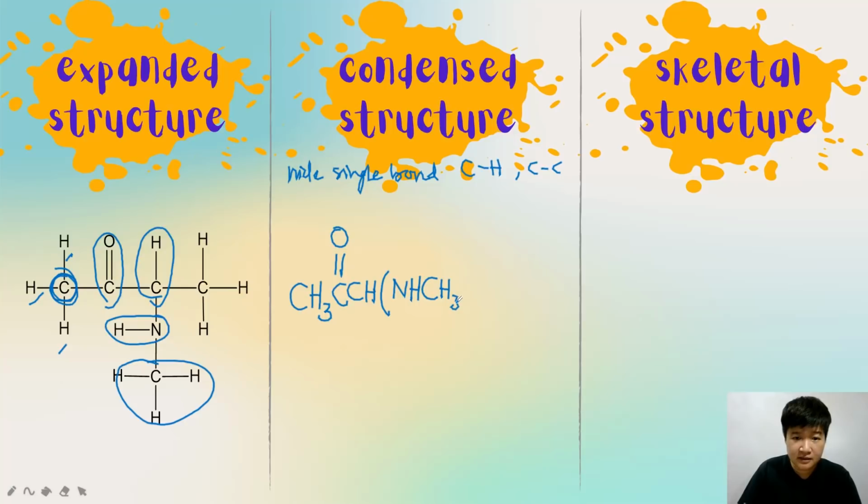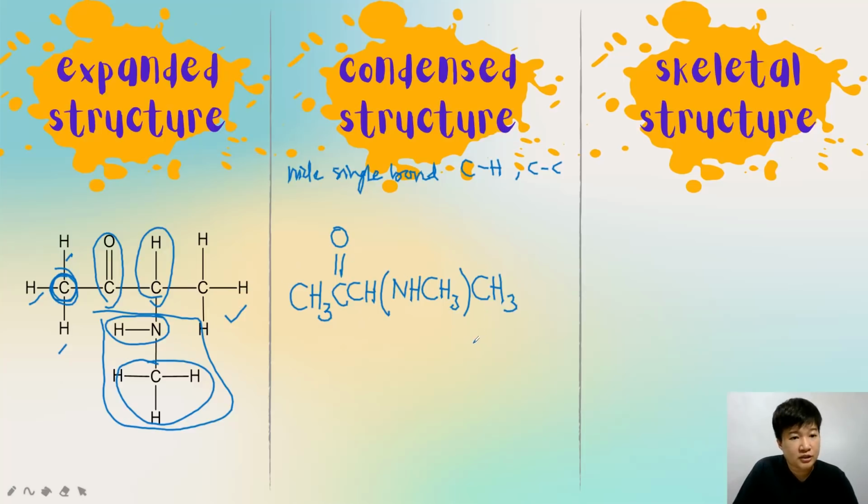Can you see that? The branch over here is the entire NH and CH3. That is the branch, so you put it in brackets. And then continue back to the chain, with a CH3 at the end of your expanded structure. So that is the condensed structure of your expanded structure.